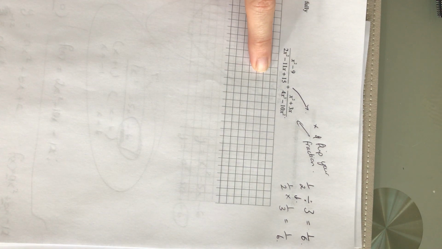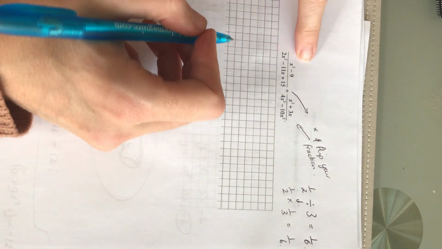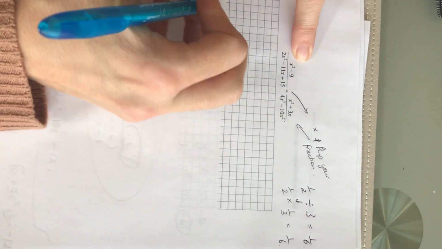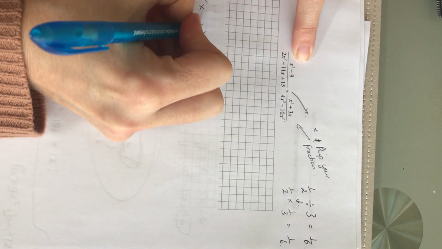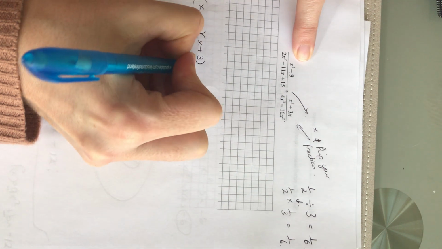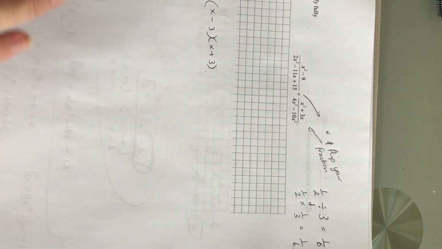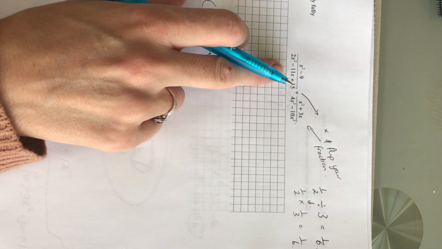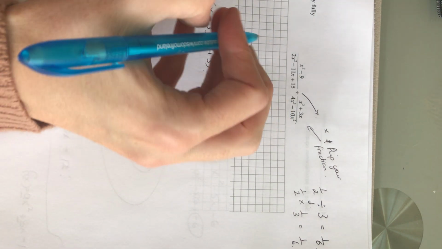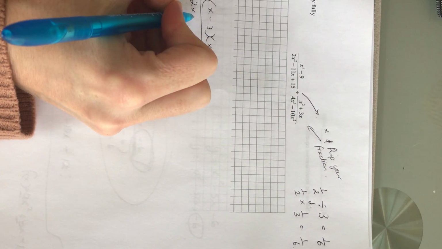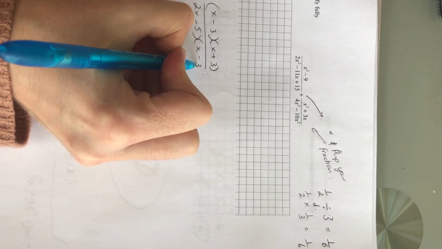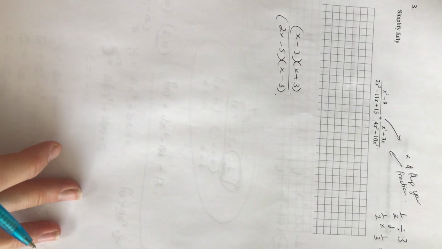So what I'm going to do is start simplifying my fractions first, which means I need to factorize. So what type of factorizing is this? x minus 3 by x plus 3, difference of two squares. I would take this to the side. It's a trinomial, hoping that when you work that out, you'll see that 2x minus 5 and x minus 3 are its factors.